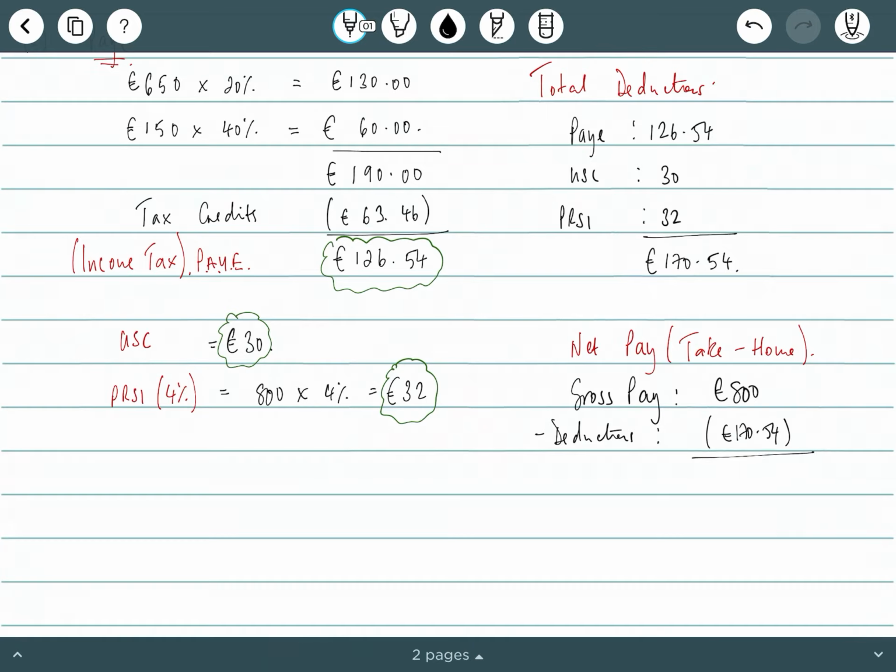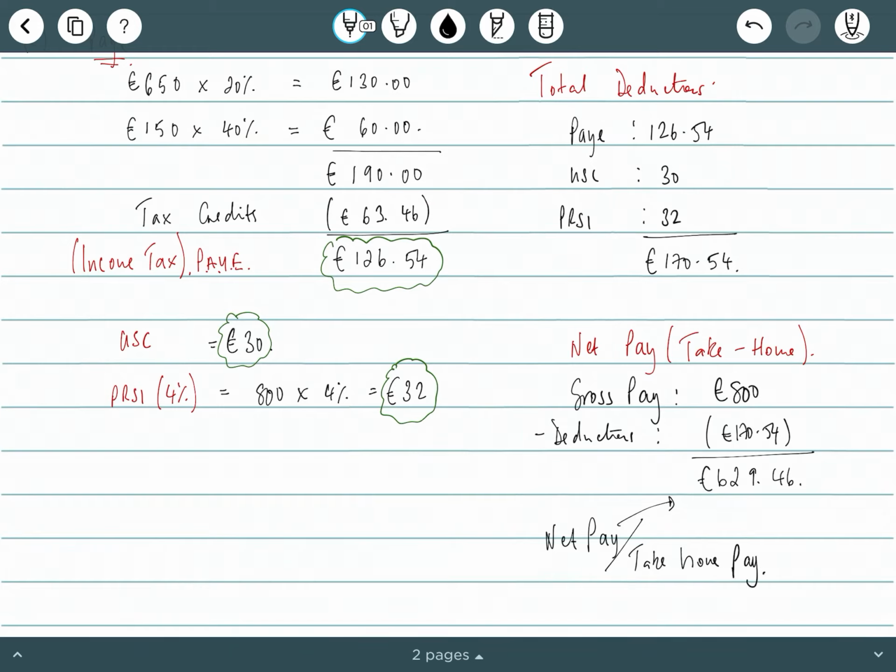So €800 minus your 170.54 will give you 629.46. That figure there, lads, is your net pay, or also known as your take-home pay.